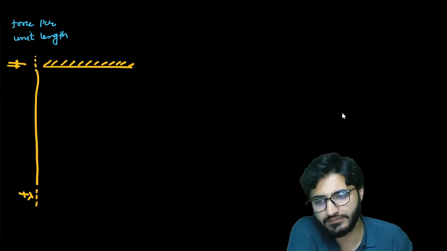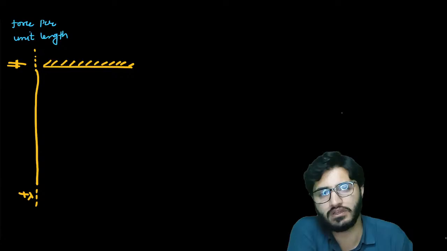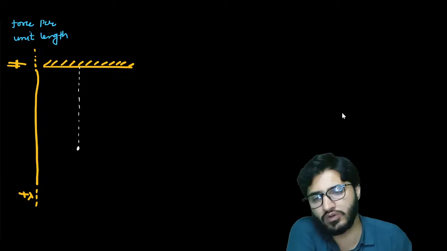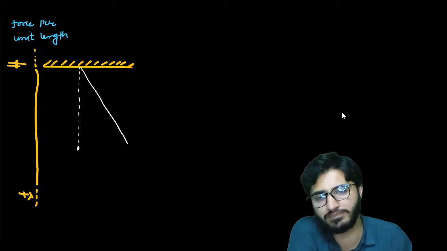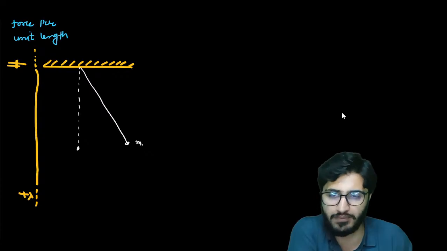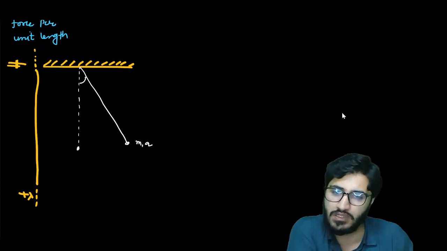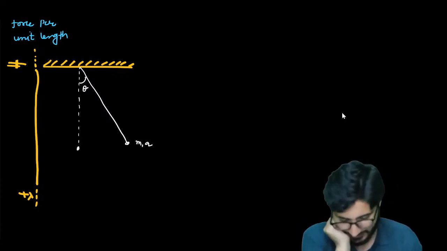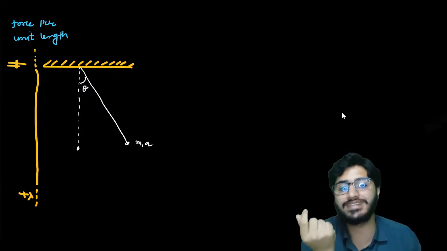My particle is initially here, but this line will exert a force on this particle, and it will be displaced by this angle, with mass m and charge q. So we have to find out this theta.